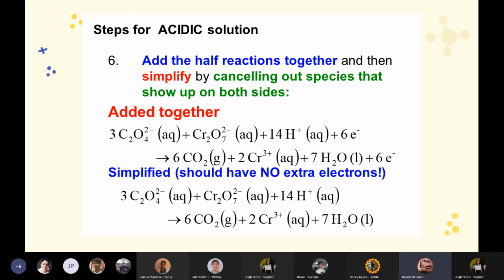Then the final answer is 3C2O4 -2, plus Cr2O7 -2, plus 14H plus yields 6CO2 plus 2Cr3 plus 7H2O.